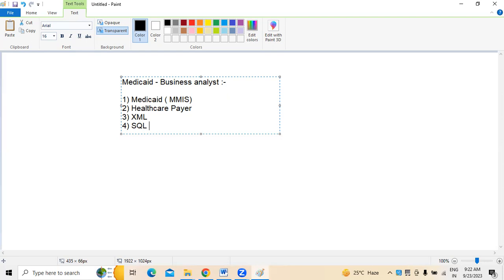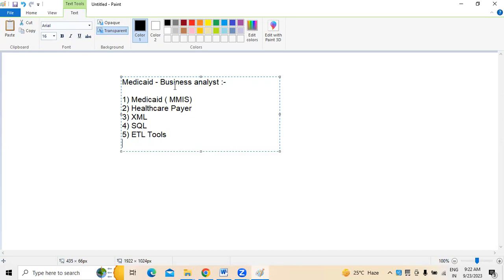At the same time, knowledge over ETL tools, because extracting the data, transforming the data, loading the data, these are all required. So any one ETL tool, not everything. So ETL tool knowledge, right?